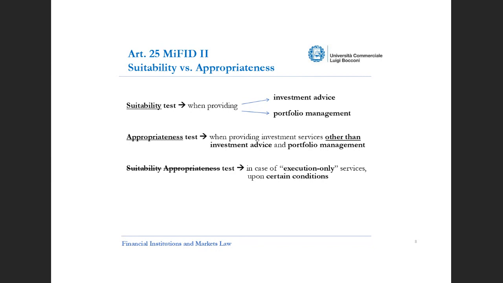Tailor-made service means that investors should be offered and should invest in products and services that they understand, that are in line with their investment objectives, that comply with their level of risk tolerance, and they shouldn't be subject to cases of mis-selling of financial products.